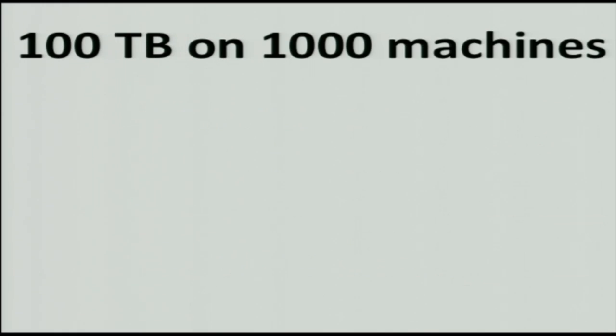Before I talk more about interactivity, let me give a brief intuition of how long it takes to process 100 terabytes of data on 1,000 machines. Consider a very simple query, like a group by or a scan, and for simplicity assume one disk per machine.